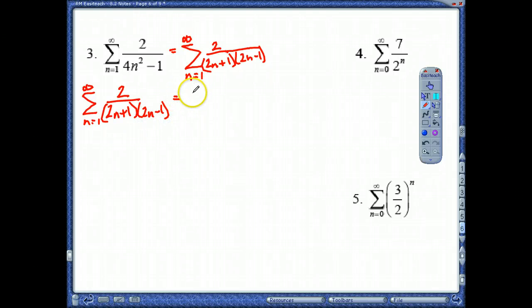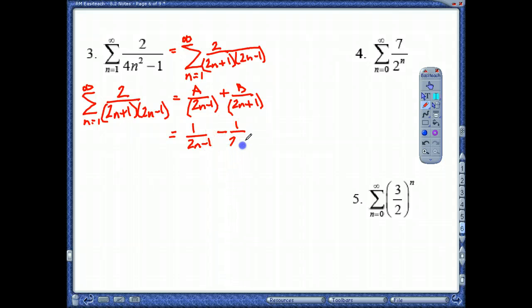So I'm going to rewrite this as a over 2n minus 1 plus b over 2n plus 1. Okay. And then when I do my partial fractions, that's going to give me 1 over 2n minus 1, because a is going to turn out to be negative 1.